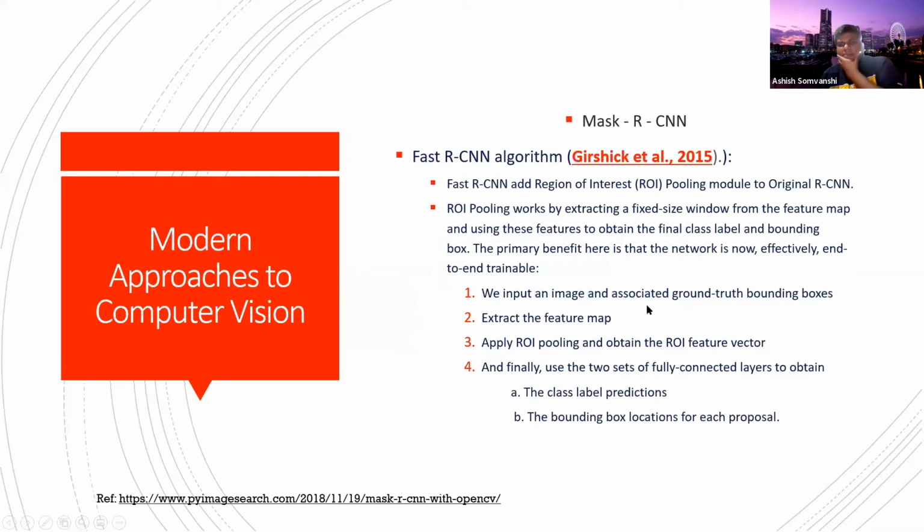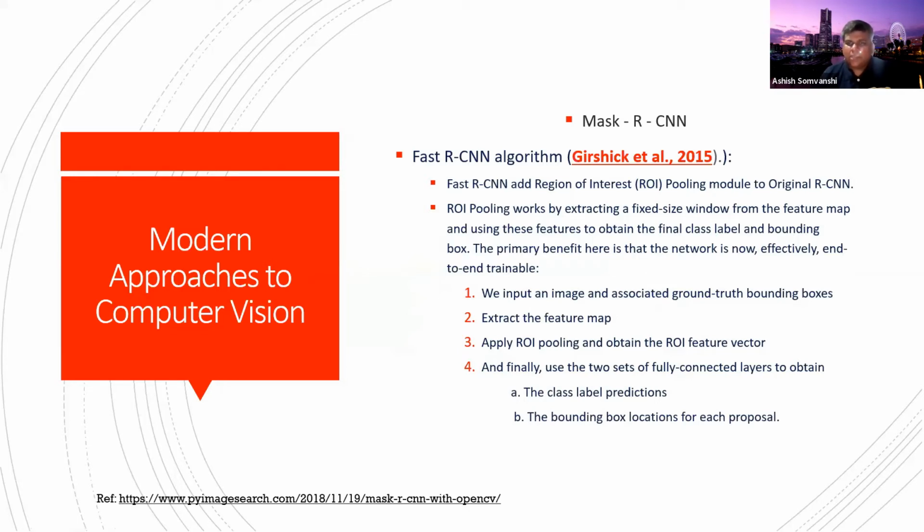So we input an image with associated ground truth using a bounding box. So the bounding box was found as a new concept here. Now the feature map of the extracted ROI was pooled to obtain a vector, and again then the normal process of classification labels and the box.